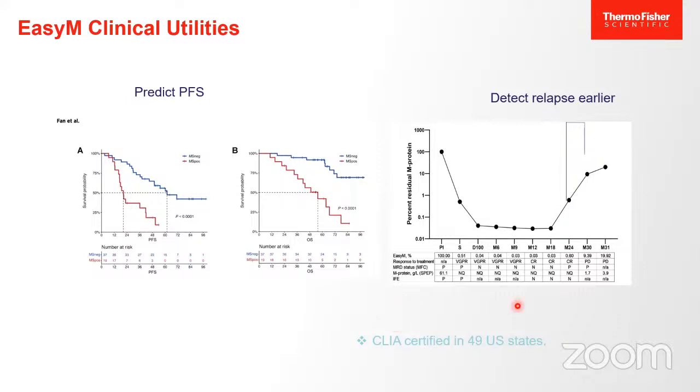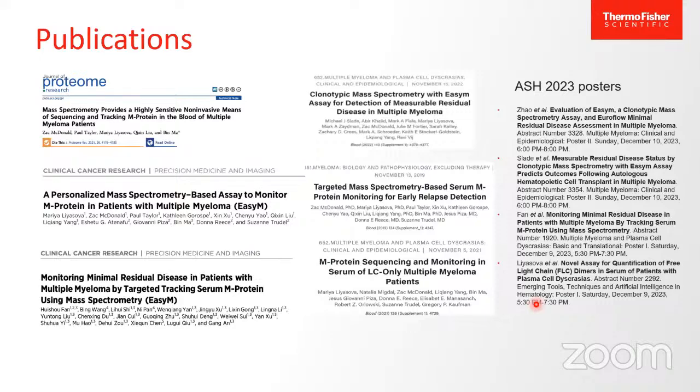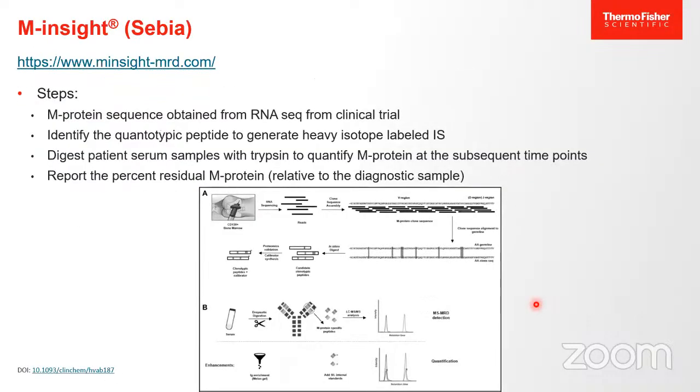And this has already been certified. Some of the US labs are already doing it in their clinics. There are n number of publications for these applications. I can share all of these for your reference. Then there is another company using this, M-site, but here the difference is that they get the M protein sequence from RNA-seq. So this is a bit of an inversion.